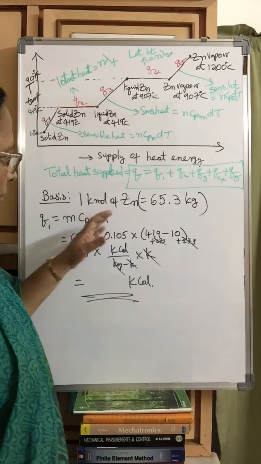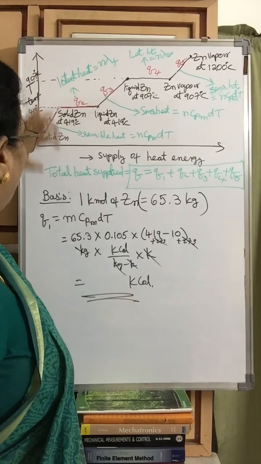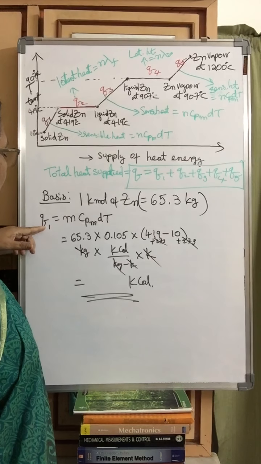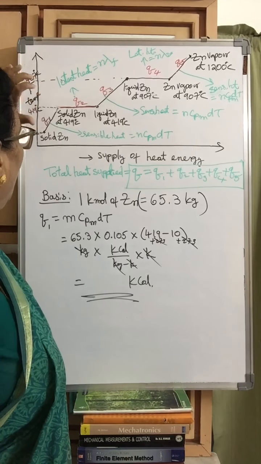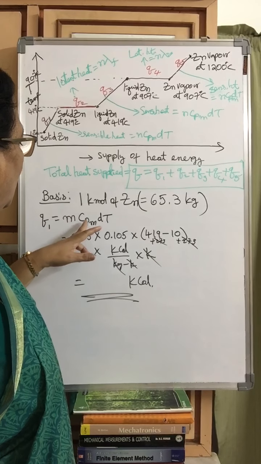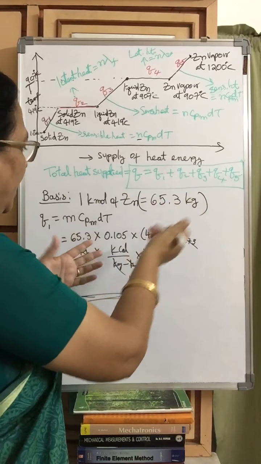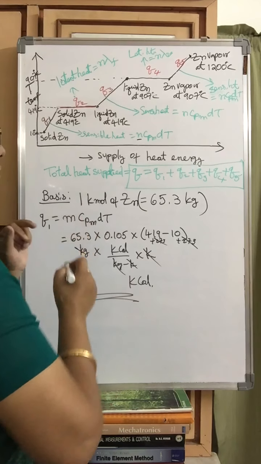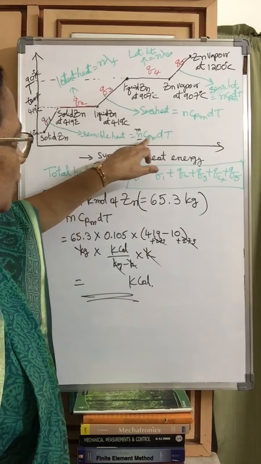Now please understand this once again. For the solid zinc part we are taking Q1: the heat to be supplied to heat solid zinc from 10 to 419. That is a sensible heat calculation. So M CPM, higher minus lower temperature. Here we wrote N in general, but since you have a per kg value, we are taking M, because of the unit of CPM.